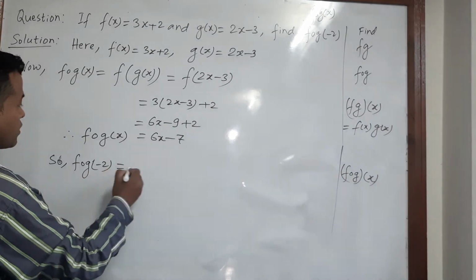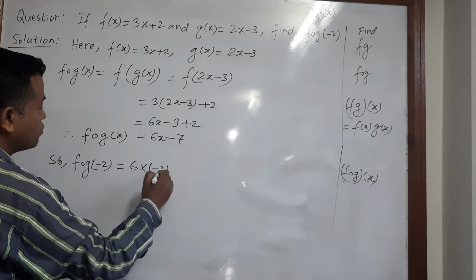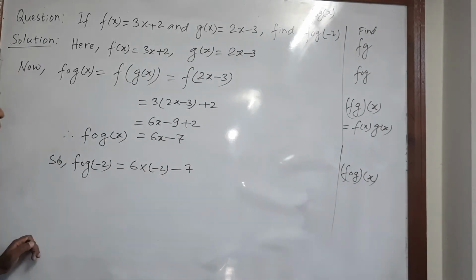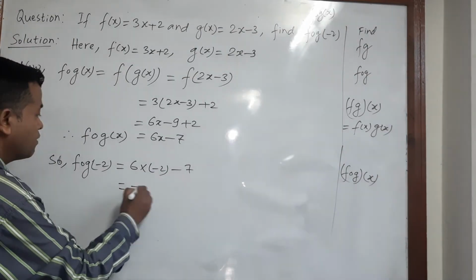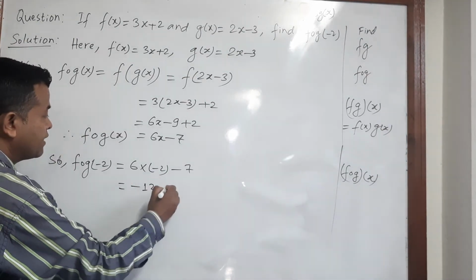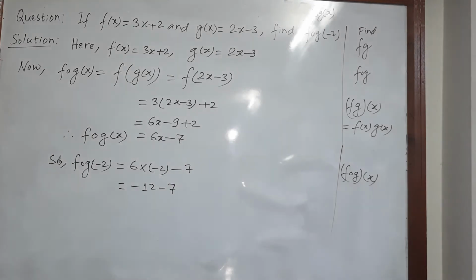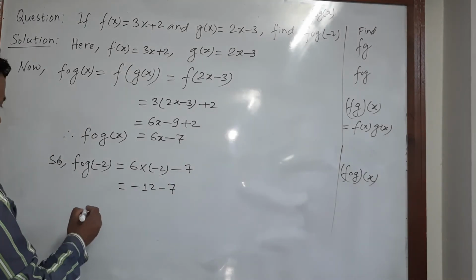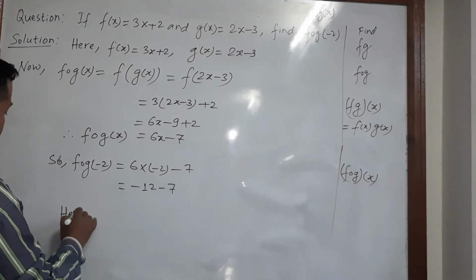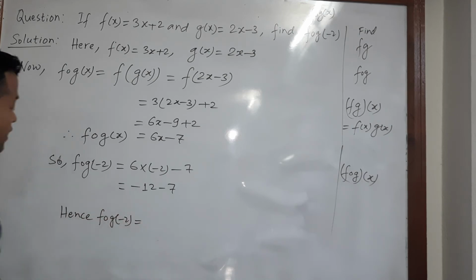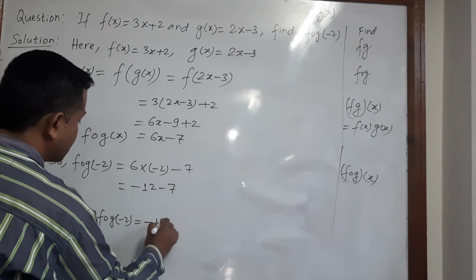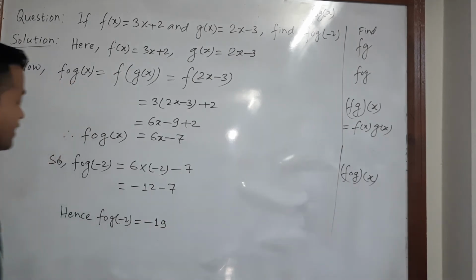So this equals 6 times minus 2 minus 7, which is minus 12 minus 7, and hence f of g(-2) equals minus 19. In this way we have found out f of g(-2).